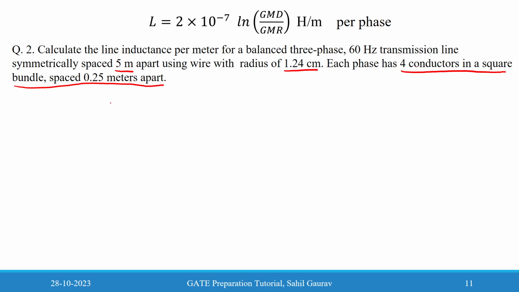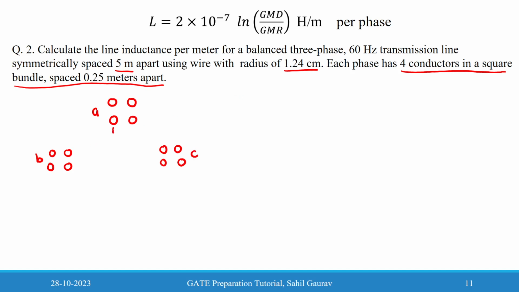So this figure you can make like this. Each phase has four conductors, like this is A phase, and they are all symmetrically spaced, and this is B phase, C phase.